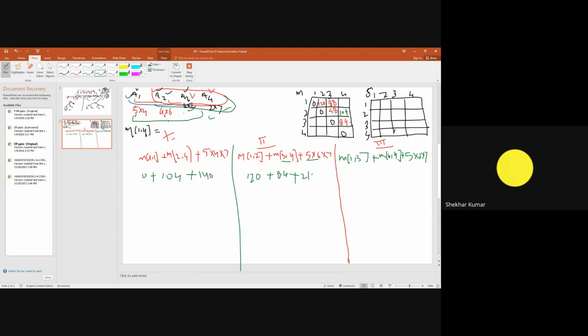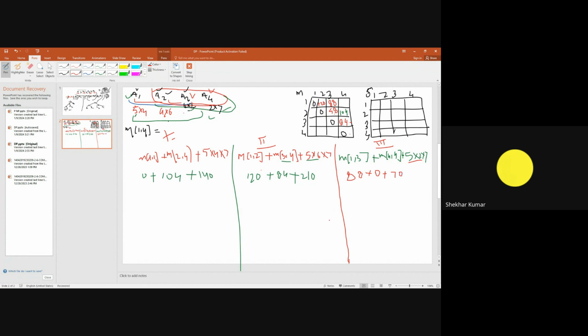The value is 210. In the third, M of 1 to 3, the cost is 88, and this cost is your 0, plus this value, 10 into 7, 70.